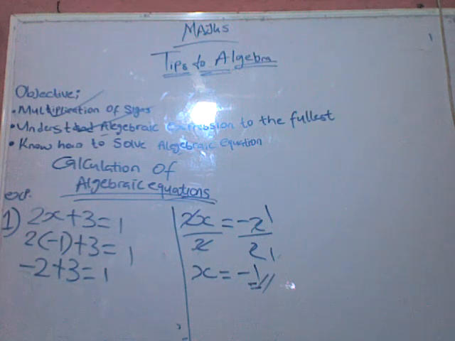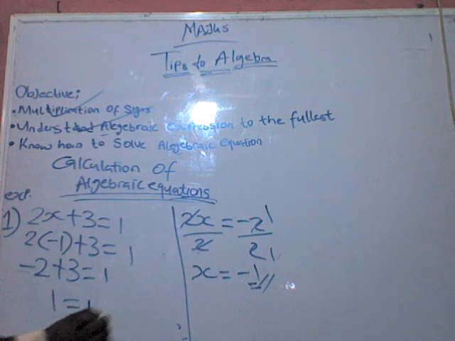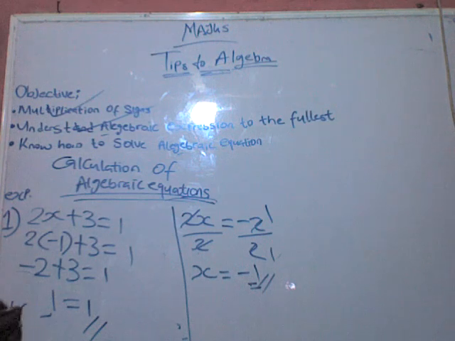I have what? 1 naira. So now we finally have 1 equals 1. So now we know that we are correct. Now this is leading us back to our first function of the equality sign. So that's why I said our equality sign normally has only one function.